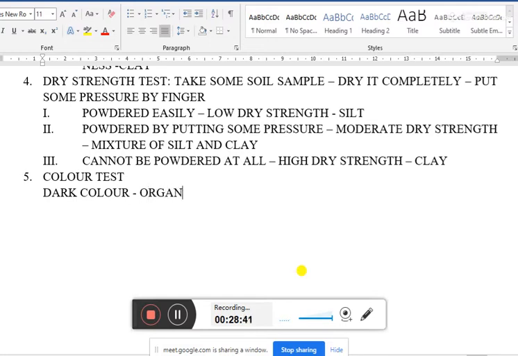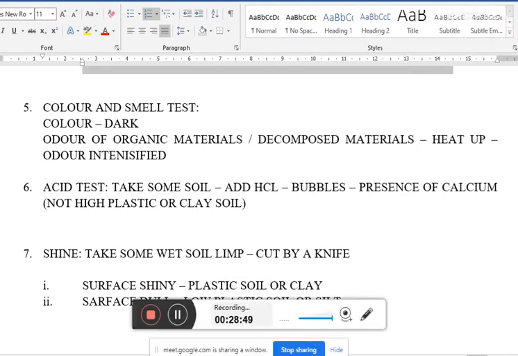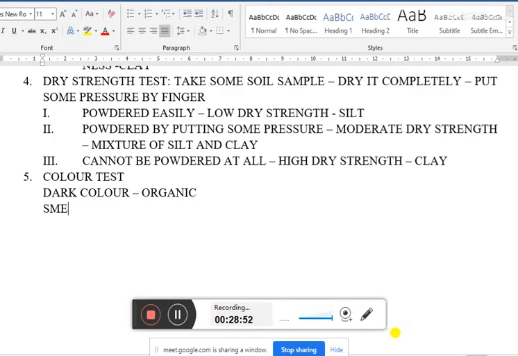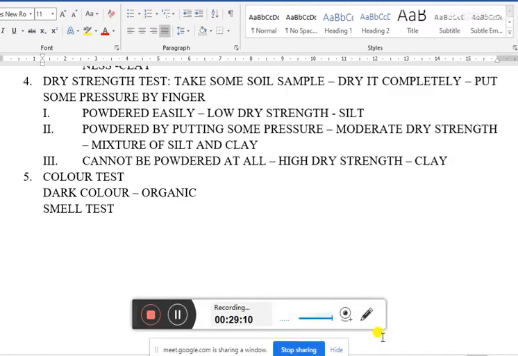Another test is the smell test or odor test. If you get an organic type of odor, the kind you get from humus, from any soil sample, then obviously the soil is of organic material.